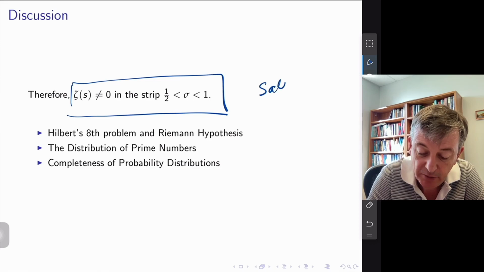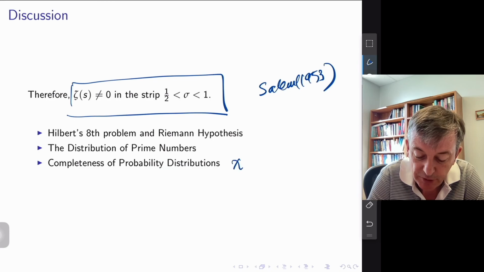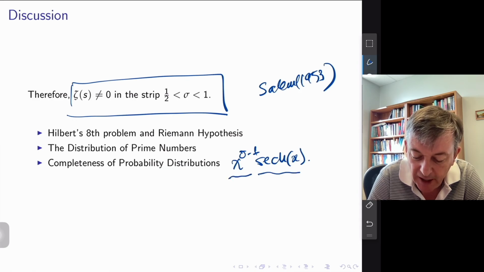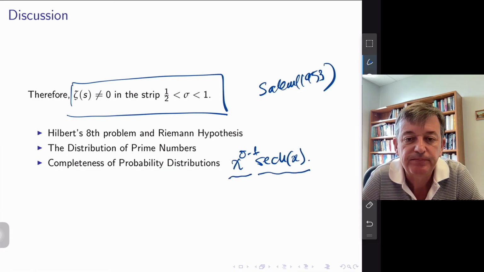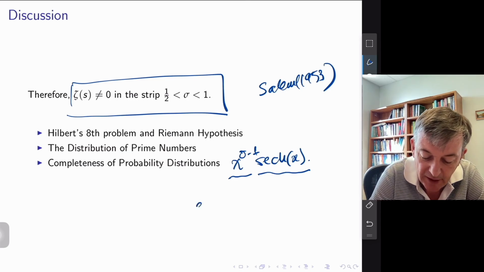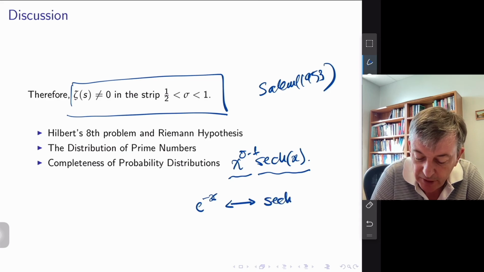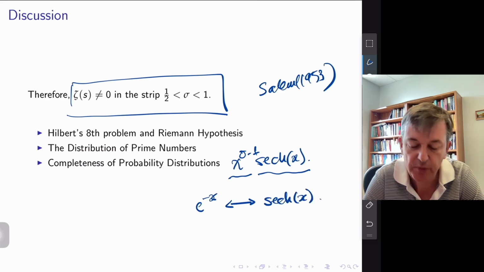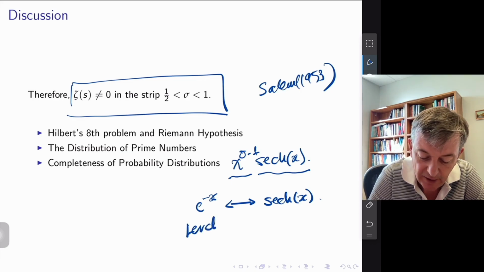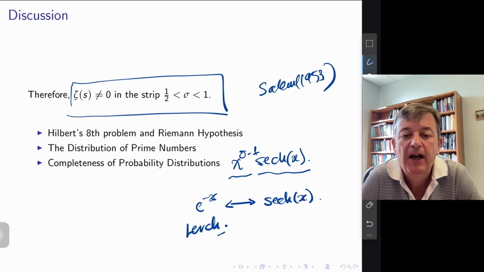The key identity was Salem's identity, and the key distribution that you have to look at completeness of is what I call the power-tilted hyperbolic secant distribution. Remember that one of the key things in the proof is that there are weights that switch you between the exponential function and the secant function, and it would be an application of Lurker's theorem.